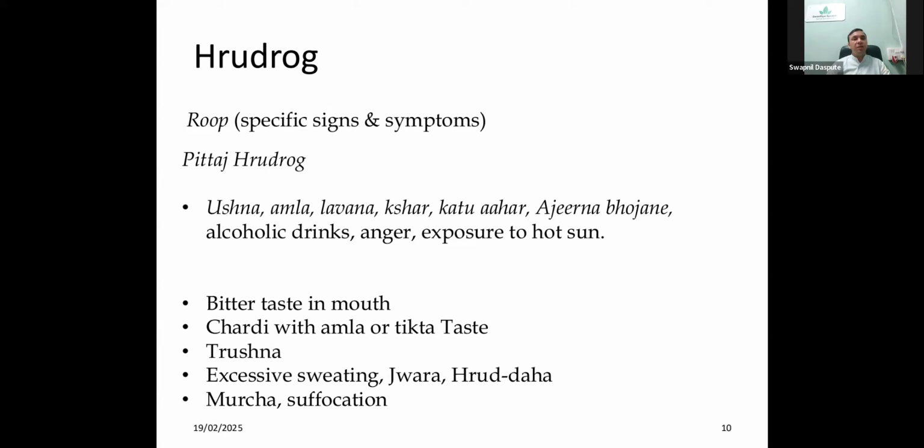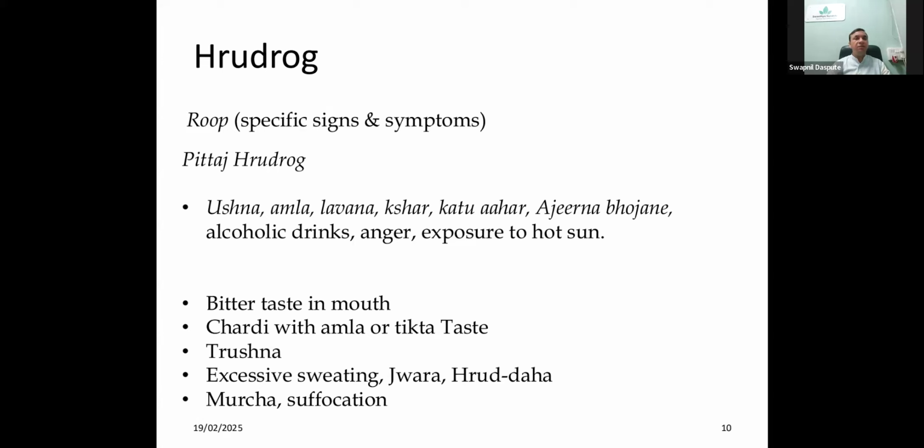Alcoholic drinks, consuming more alcoholic drinks, which are again ushna, tikshna, amla rasatmak, and vidahi. So alcoholic drinks which will aggravate pitta. Anger aggravates pitta. Exposure to hot sun or even heat, for that matter, will aggravate pitta dosha, and it can cause rudroga. So what are the signs and symptoms which are seen?